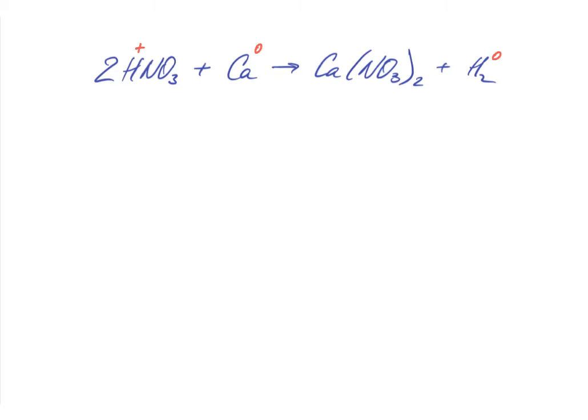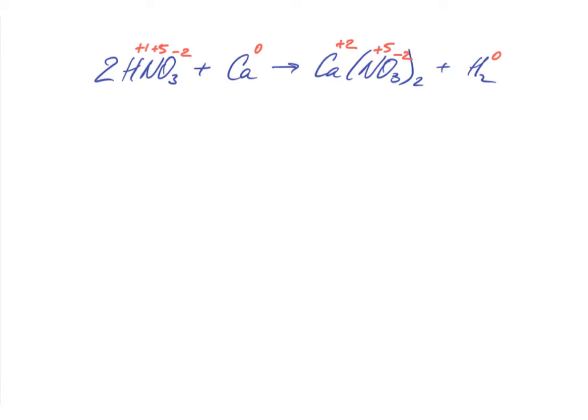Then we can deal with hydrogen and oxygen, and knowing that the oxidation states in this compound are supposed to add up to 0, nitrogen comes out to be positive 1. Calcium over here has a charge of plus 2. And if we calculate our oxidation states correctly in this compound, nitrogen comes out to be positive 5, and oxygen, of course, negative 2.